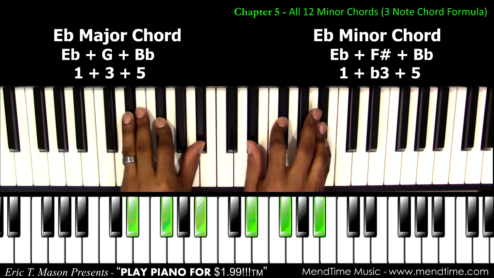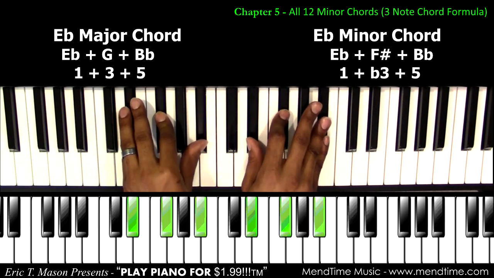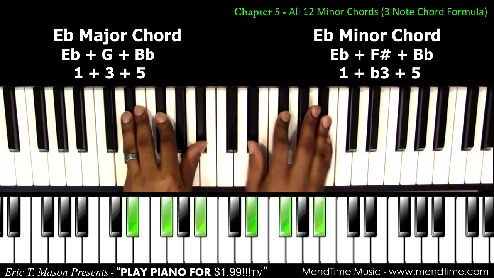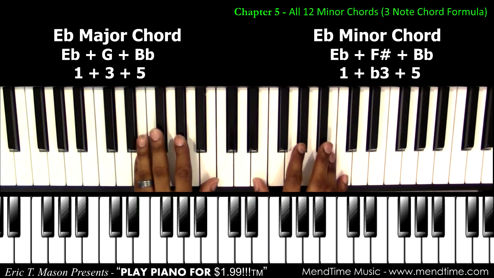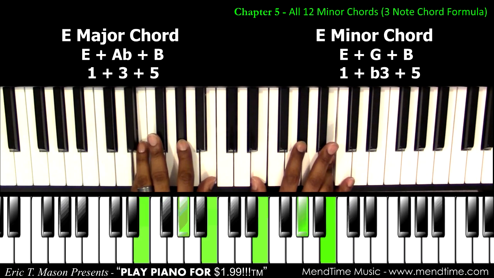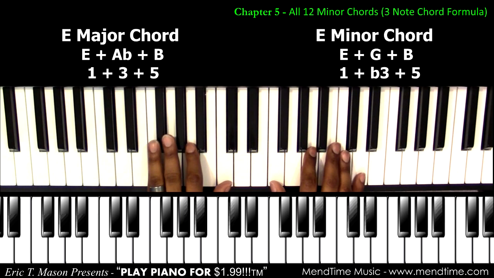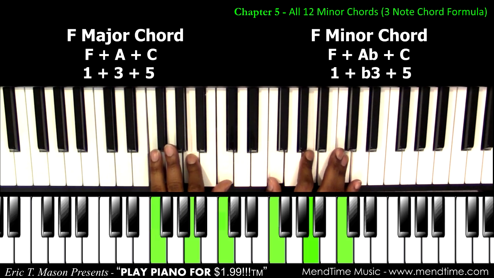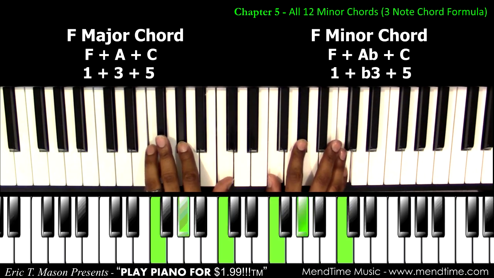And if you go back to the scales lesson, you'll see the 1, 3, 5 of the scale in the minor didn't change. Then play E major, and then drop that third to minor. Fourth, major for the F. That's F major. Drop the third a half step. F minor.